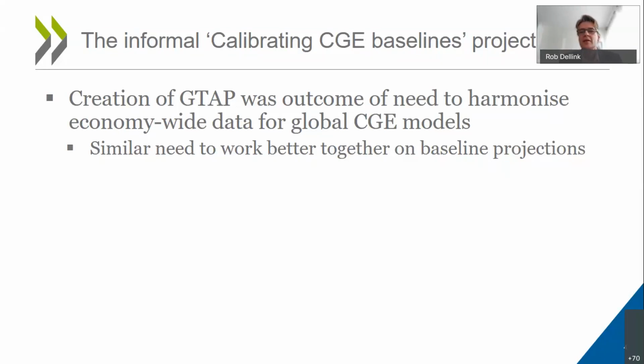It was clear that there's a strong incentive to work together and to share more information. And therefore, GTAP was born. Now, we don't want to be necessarily as ambitious as GTAP in making baseline projections, but we feel that it's a very nice complement to the current set of tools that GTAP provides to start working together better on baseline projections.